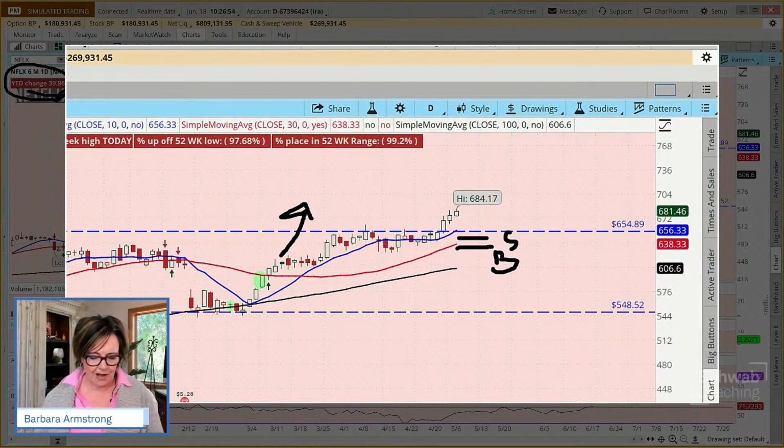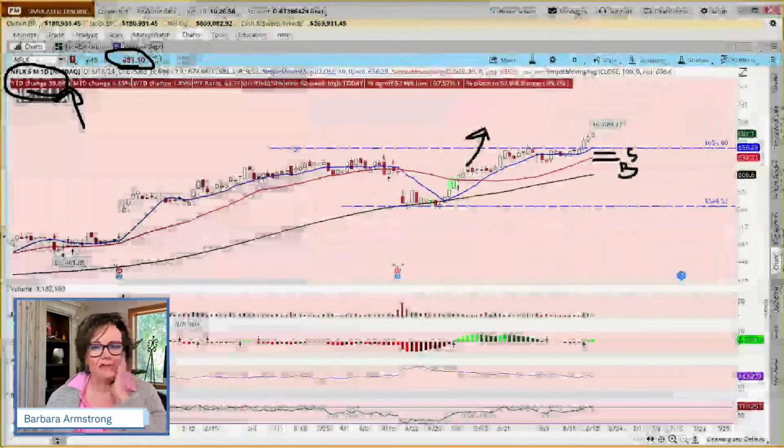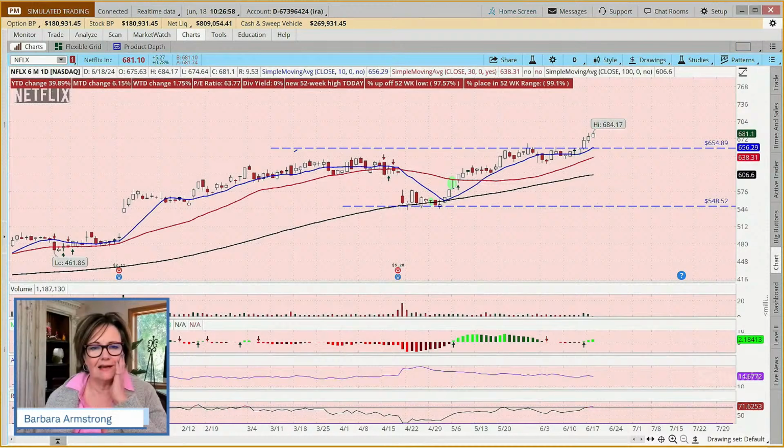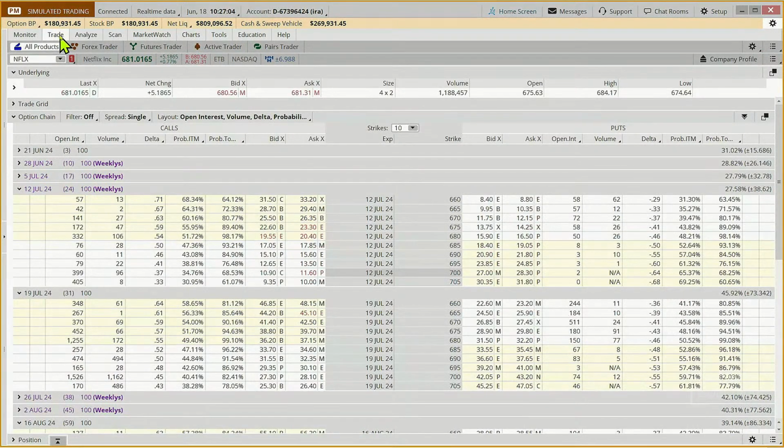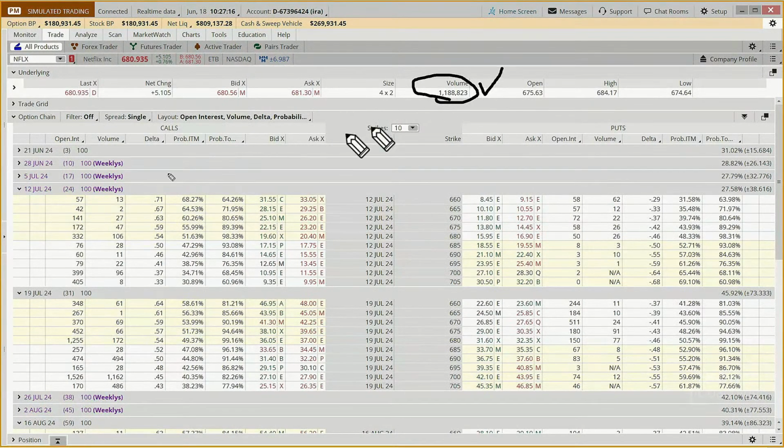Okay, so let's go look at the trade tab. So I'm going to erase that and come to the trade tab. And what were the things on our what-to-buy recipe? Does it trade 1 million shares a day or more? Well, yep, check.